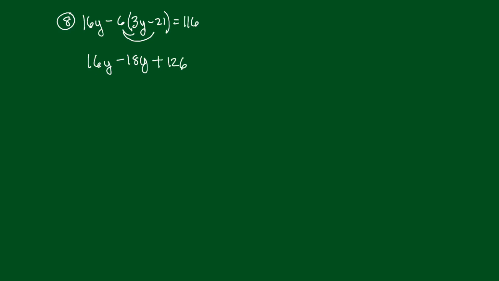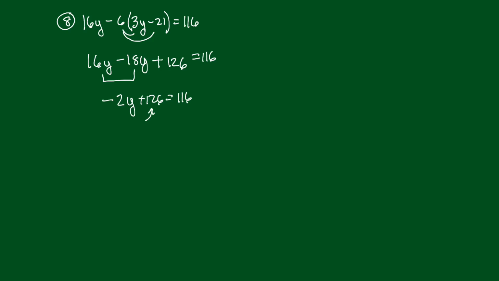But you can do that one in your head, right? 6 times 1 is 6, there's a 6, and then 6 times 2 is a 12. And the whole thing's equal to 116. Now, 16y minus 18y, this will give us negative 2y plus 126 equals 116.